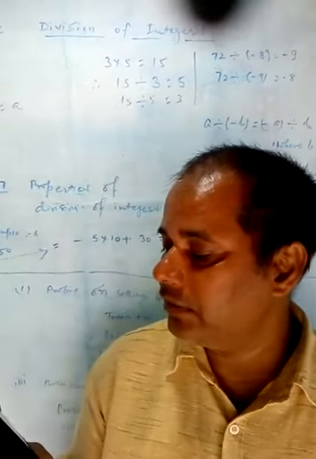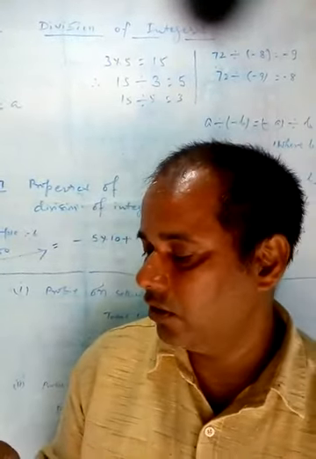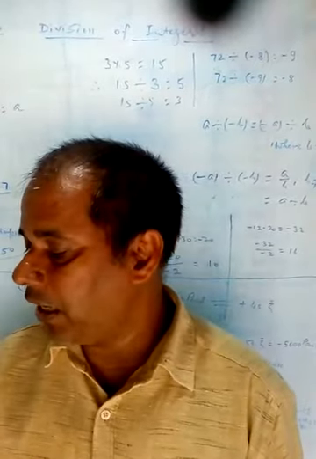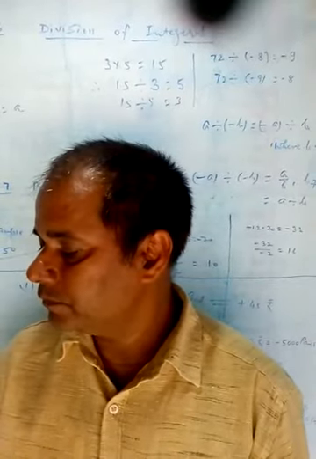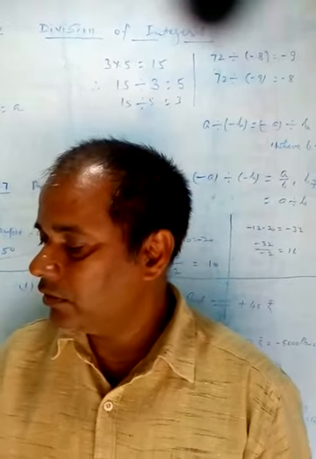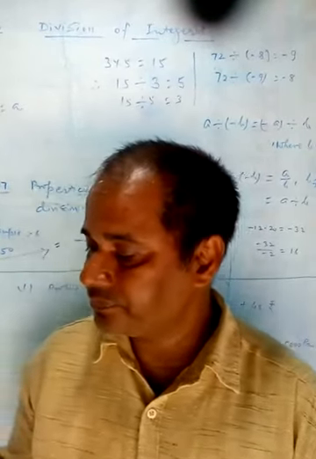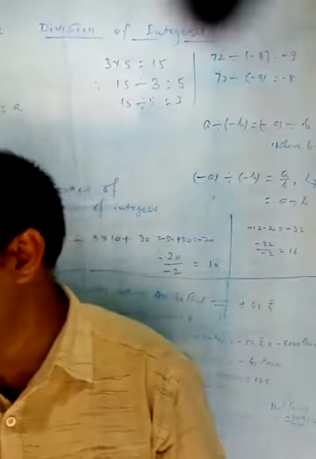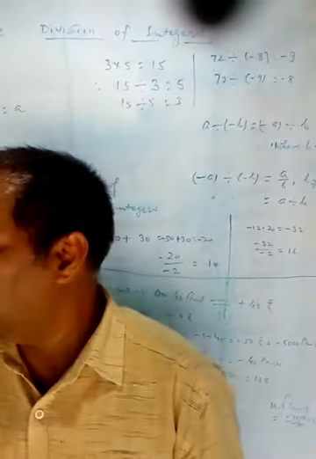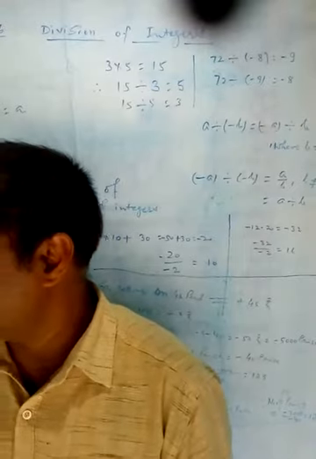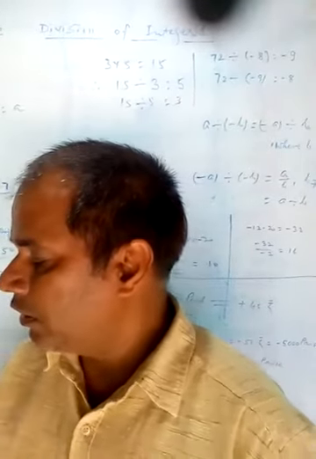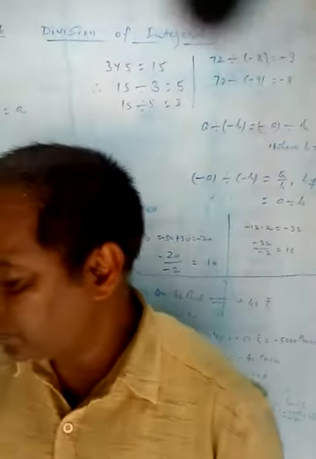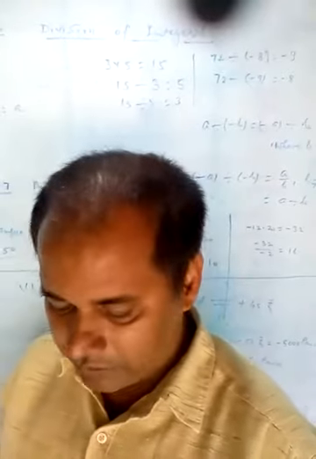Can you say that division is associative for integers? No. Verify it by taking 5 more examples. Why? Because minus 16 divided by, in bracket, minus 4 divided by minus 2 is equal to 8, and earlier it was 2, so both are not the same. Example number 6 and example number 7 are there.